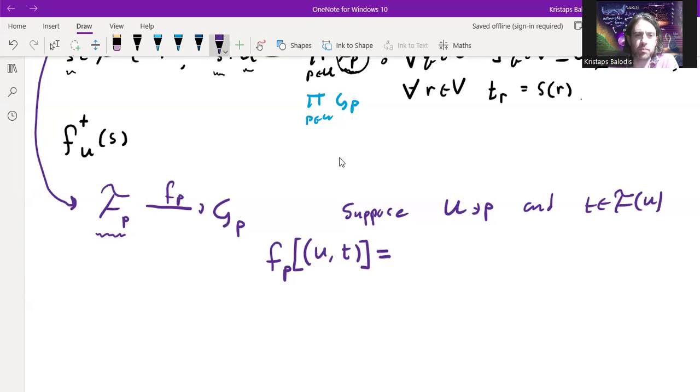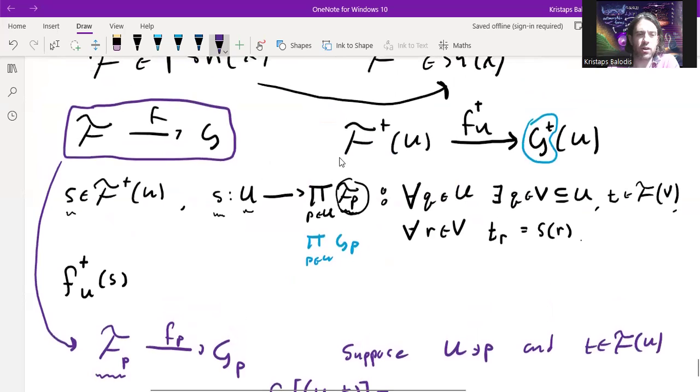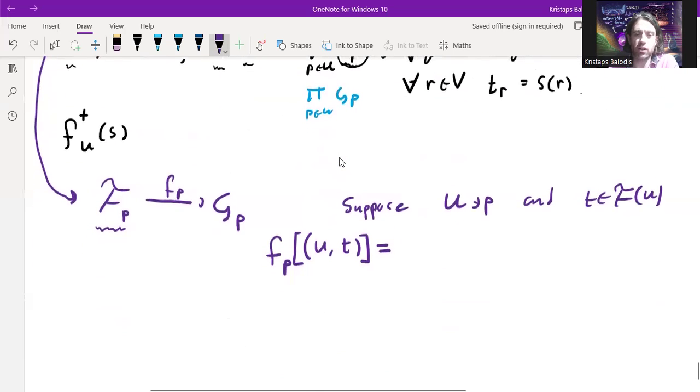Well, remember again, f is a morphism of pre-sheaves, so I get a map over every open set. So U is still going to be an open set of my space containing P. But now f sub U of T, right?